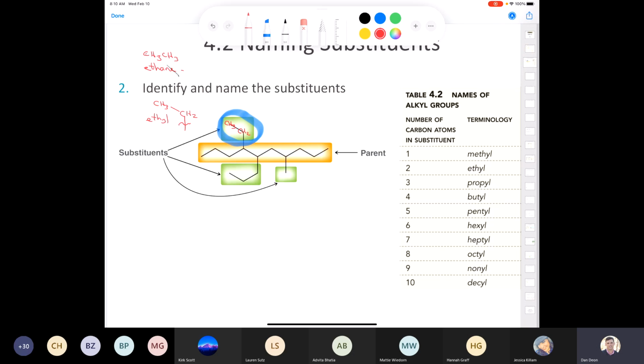The same thing applies to all the other hydrocarbons. If you remove 1 hydrogen from a methane, you get methyl. Then we go to ethyl, propyl, butyl, pentyl, hexyl, heptyl, octyl, nonyl, and decyl. So for example, if we look at this one right here that I'm circling in blue again down on the bottom, could anybody name that substituent that's down there?